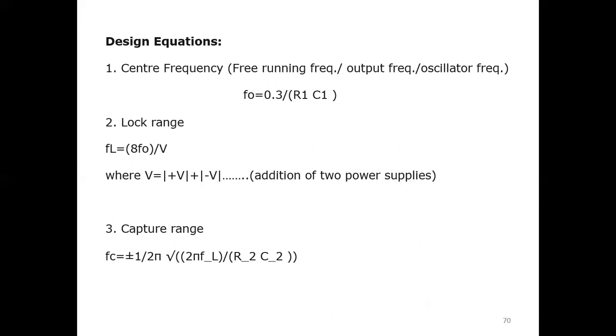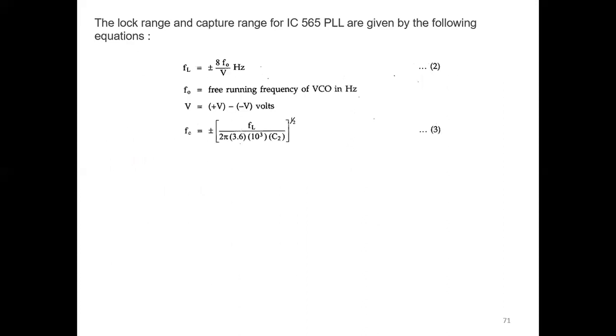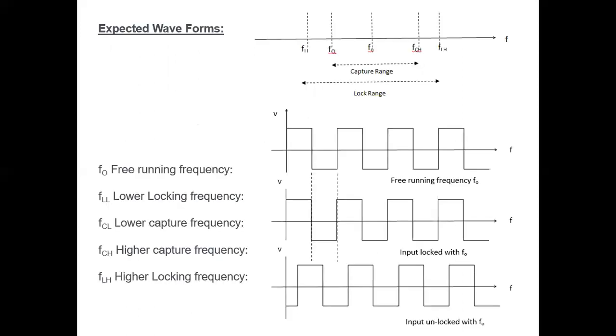Then the lock range of the VCO, fL equal to 8 f0 divided by V, where V is plus V and minus V. Third, the capture range, fC equal to plus or minus 1 divided by 2 pi times the square root of 2 pi fL divided by R2 and C2. The cutoff frequency f equal to fL divided by 2 pi times 3.6 times 10 to the power 3 times C2, the whole to the power 1 by 2.